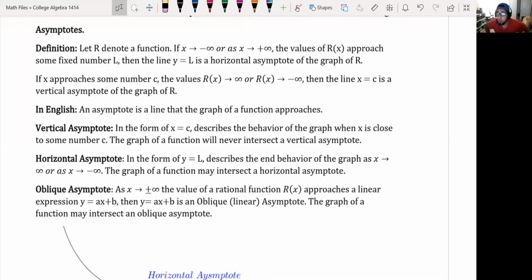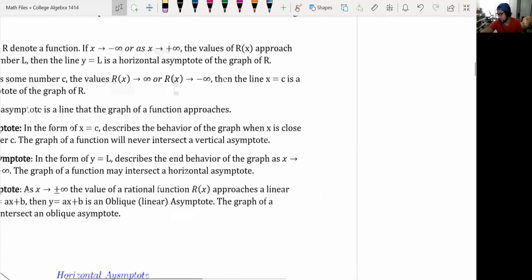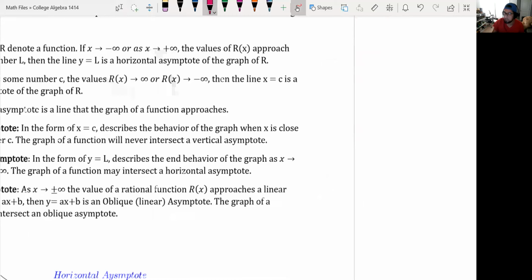Okay, more definition. A vertical asymptote in the form of x equals c describes the behavior of the graph when x is close to some number c. The graph of the function will never intersect a vertical asymptote. I guess I could draw pictures so it doesn't just seem like I'm talking, right? So for a vertical asymptote, let's say that my number c was here.